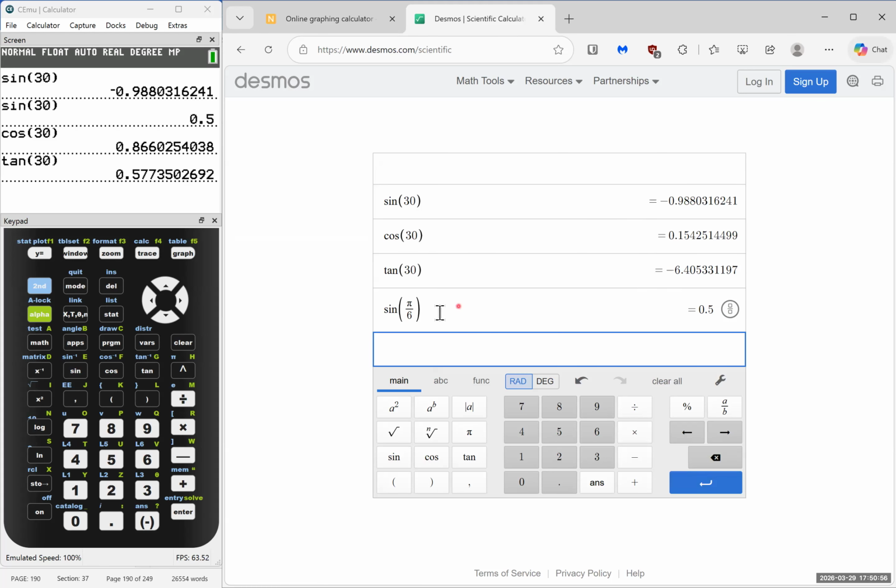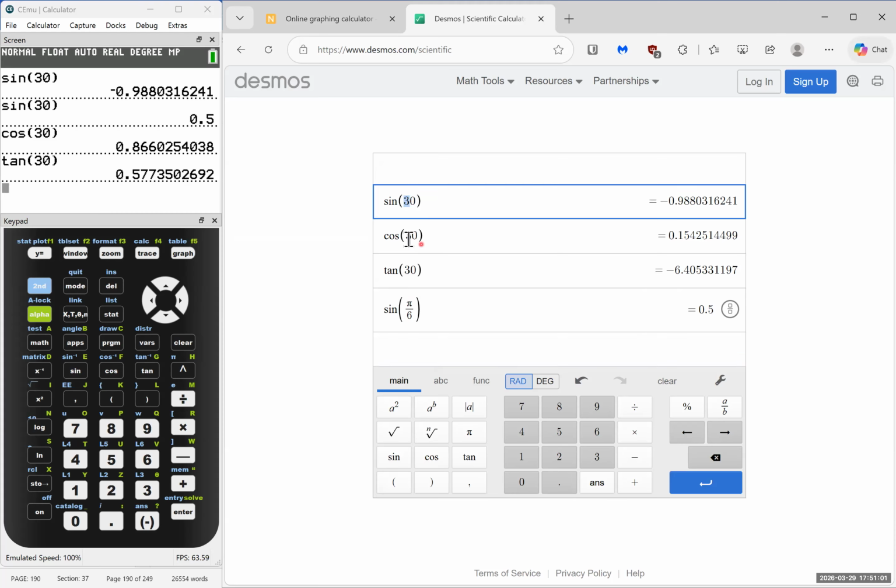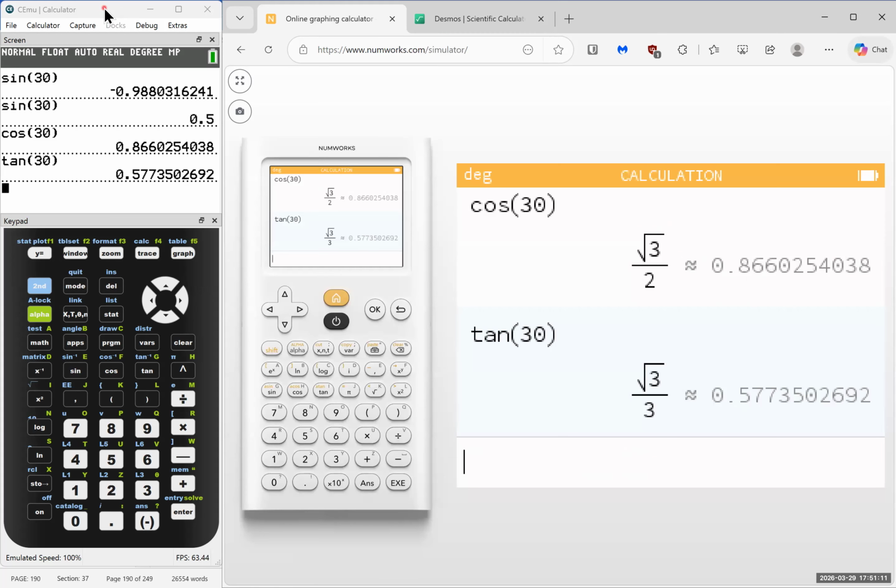It gives us 1/2. So pi over 6 radians is equal to 30 degrees. All right. Okay. So this is how you can use all three calculators to calculate trig functions and switch between radians and degrees. Let me know if you have any questions.